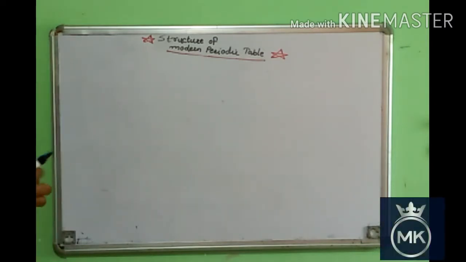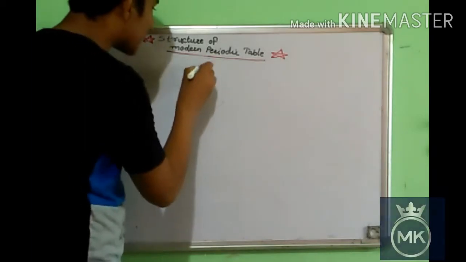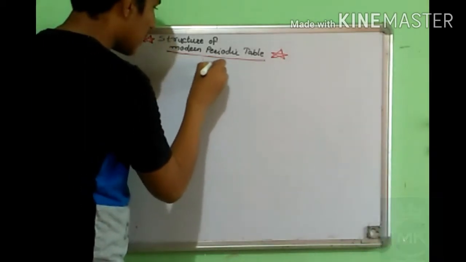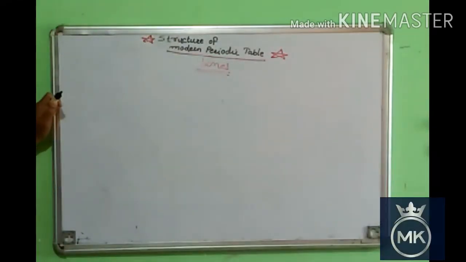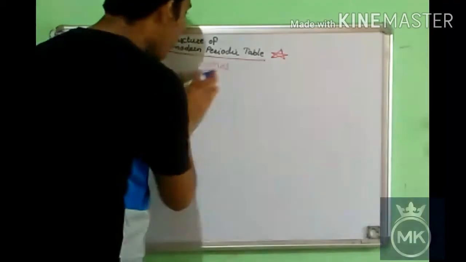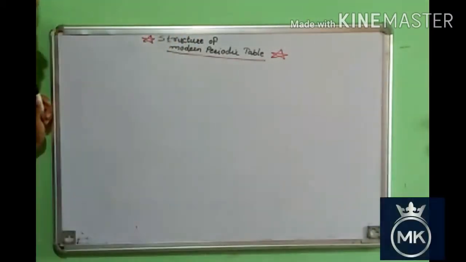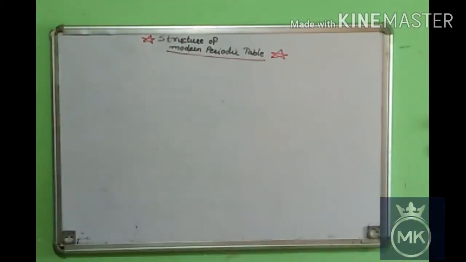So friends, in the structure of the modern periodic table, the first point is how many boxes are included in the modern periodic table. You know how many boxes, because as many elements are included in the modern periodic table, that many boxes are also included.